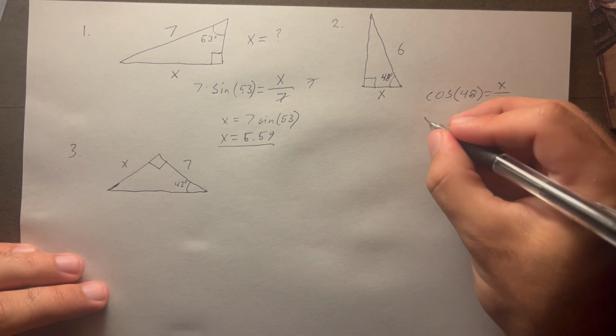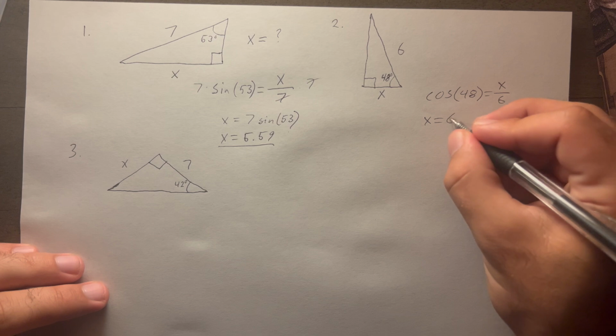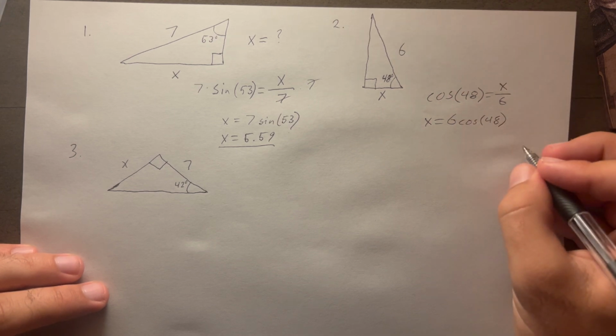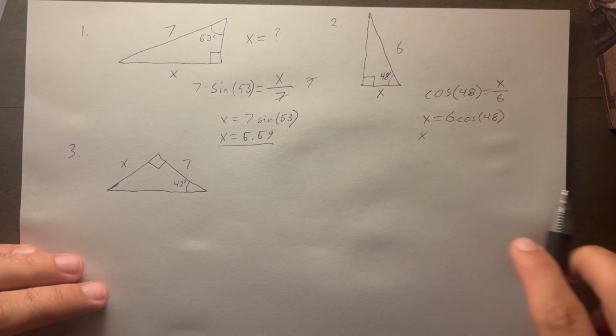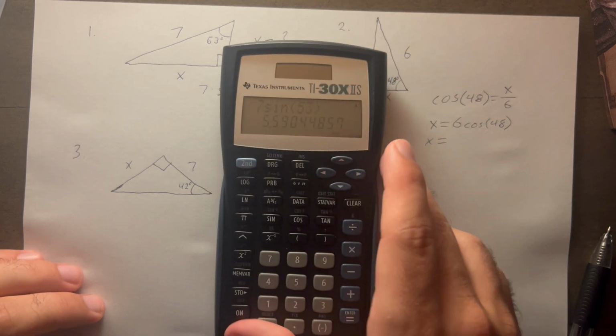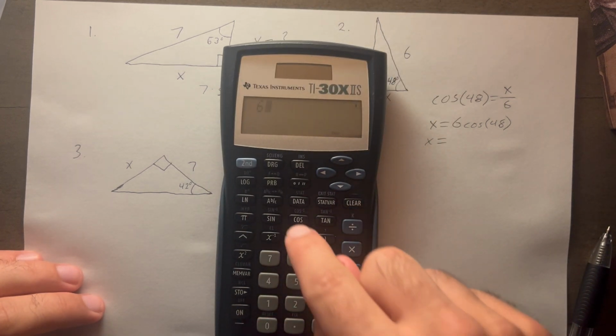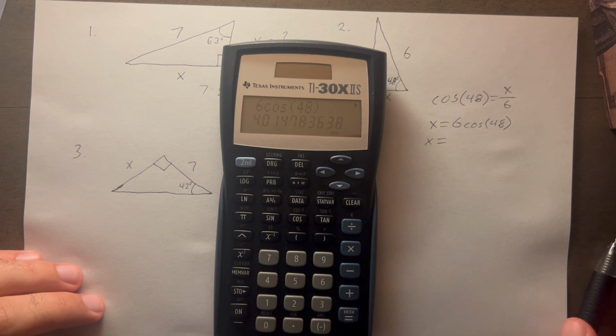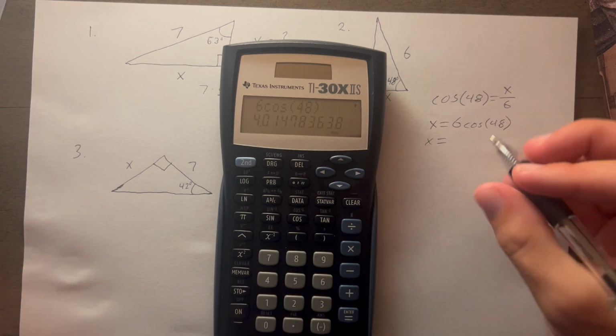So that'll be x equals 6 cosine 48. Let's see what we get on the calculator. 6 cosine 48 is 4.01.